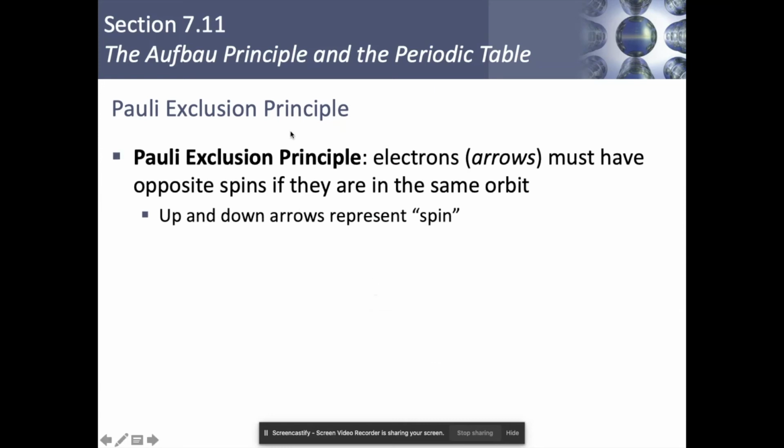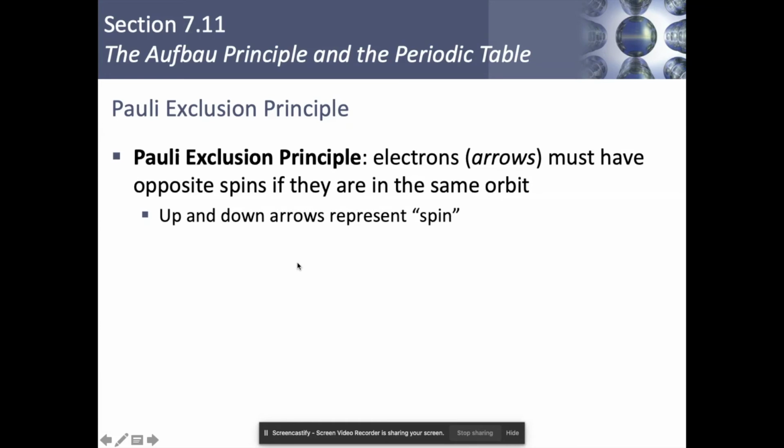Now, the Pauli exclusion principle. I always save this one for the end because it signifies something, but it's not that important. Notice that in all the examples that I've done, I have not put 2 up arrows or 2 down arrows in a box. The Pauli exclusion principle basically says electrons, so arrows, must have opposite spins if they are in the same orbital.